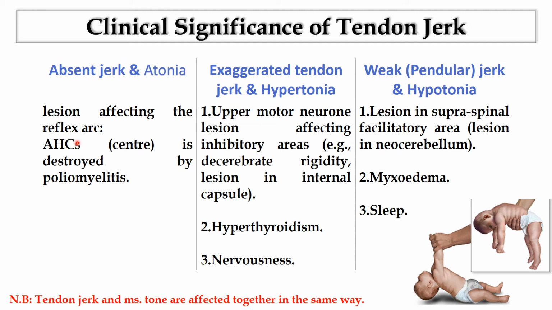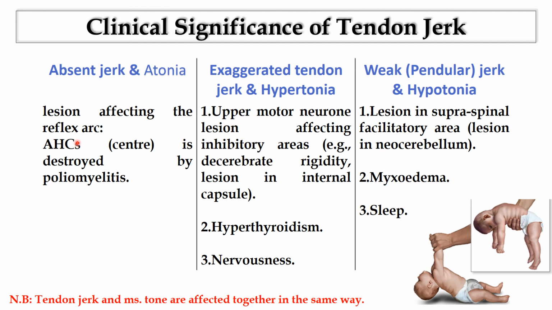It's caused by viral infection, but now it's almost not present because of the vaccination for poliomyelitis. But previously, poliomyelitis was spreading among children in the previous decades, leading to what we called absent tone and absent jerks, atonia and areflexia, because the tendon jerk and muscle tone are affected in the same way.